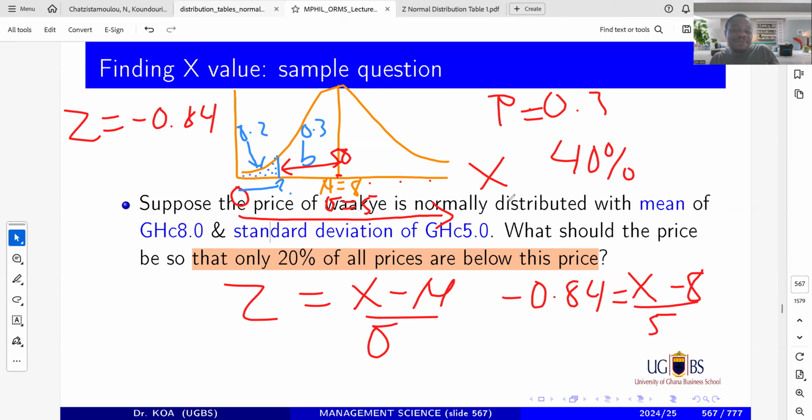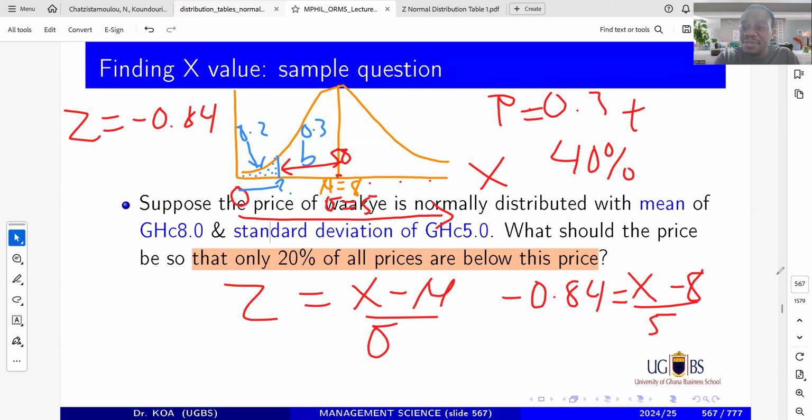But that is because of the word below. Suppose you have been told, what should the price be for the top 10% of the prices? What should the price be for the top 10% of the prices?